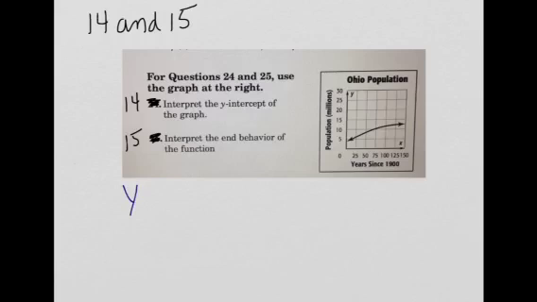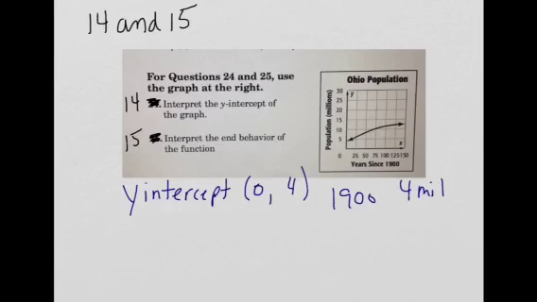So Y-intercept 0, 4, which means at the beginning of 1900 there were 4 million people. X-intercept is none.